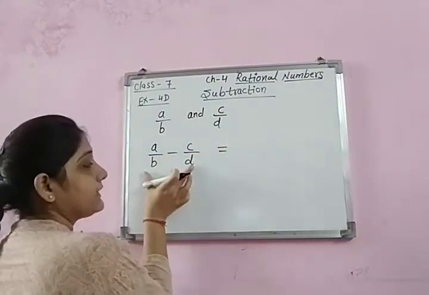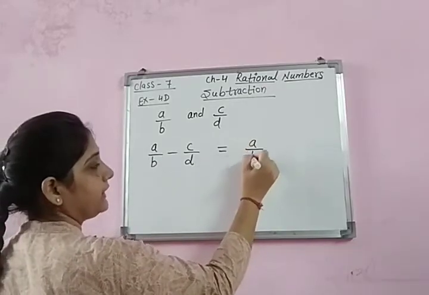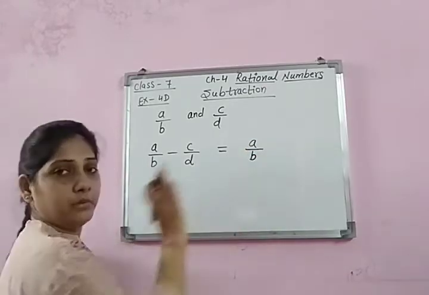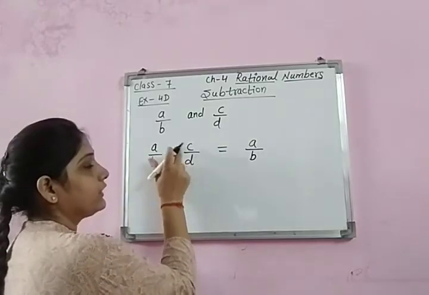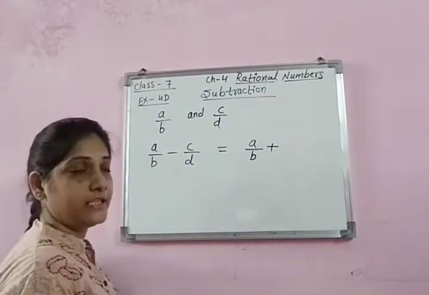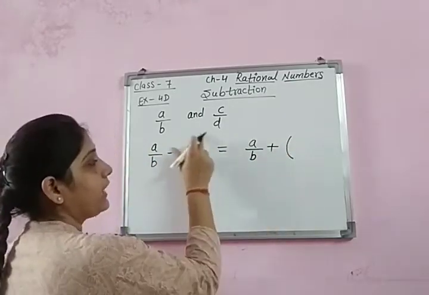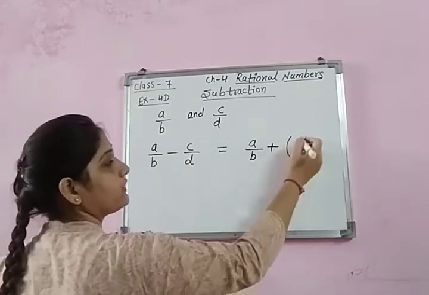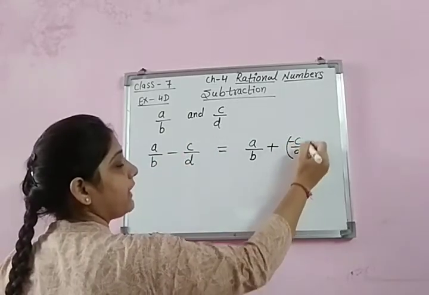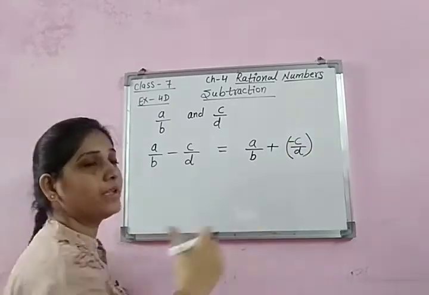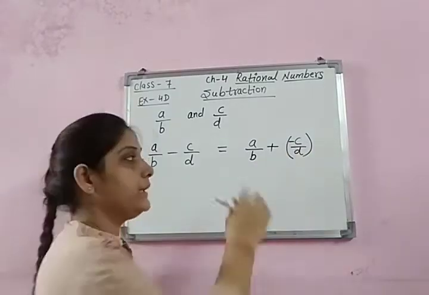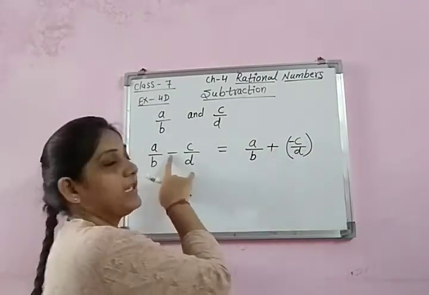Now this can be written like this. The first rational number, no change. Convert this negative sign into addition and write the additive inverse of c upon d, that is minus c upon d. Because, children, we have learned that when we open the bracket, plus minus will become minus.